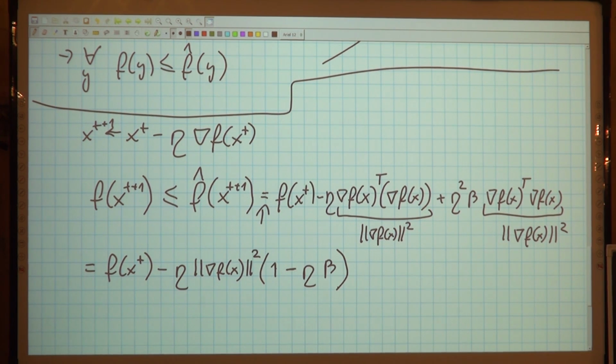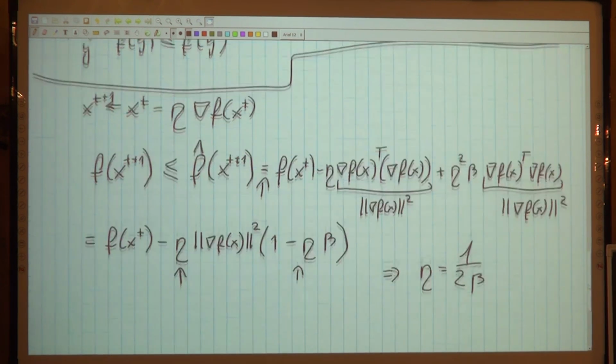So now it should be clear what setting of eta we want, because clearly as eta grows, this thing becomes negative, and we are losing our progress. If eta is 0, we also are not making any progress, because this eta will eat it up. So this is just a negative quadratic that we are trying to maximize. So the best setting of eta is 1 over 2 beta.